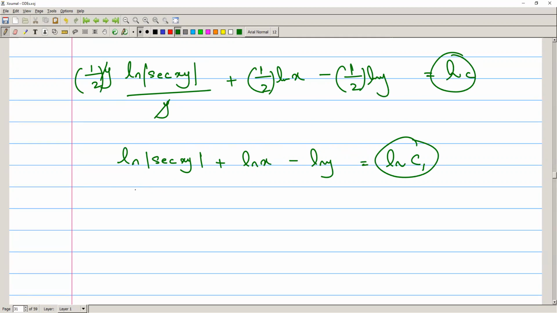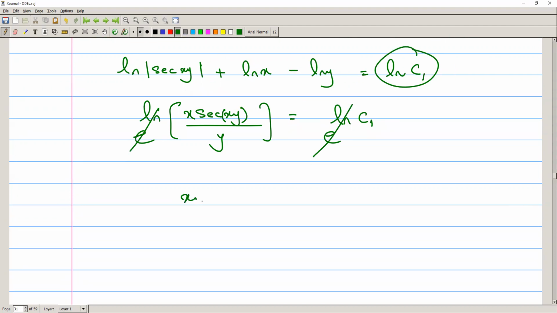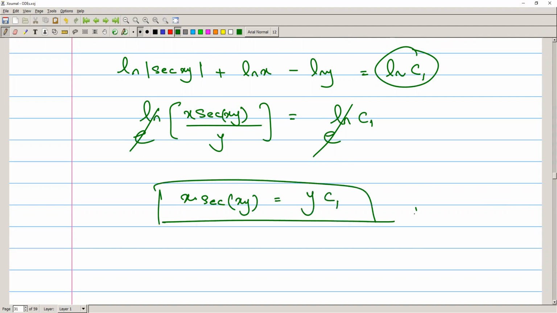Now we can simply write it as ln of sec xy times x divided by y is equal to ln c1, and we can raise it to the exponential power e to remove the ln. The ln will cancel out with e, so we're left with x secant xy is equal to y times c1. So that is the answer in this case.